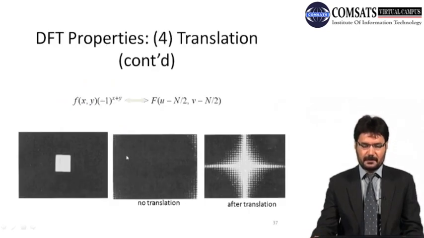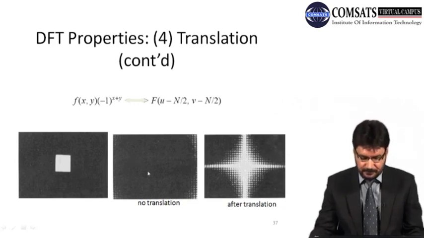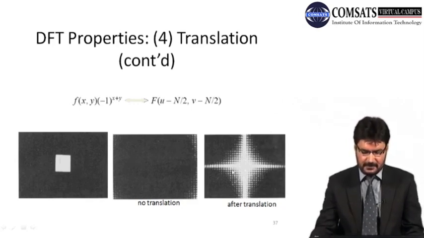So again we have the DFT properties, that is to translate. For translation, f(x,y) times minus 1 to the power x plus y becomes F(u minus N by 2, v minus N by 2). If we have the dimension N by N, then we can use only N. So this is the original image, and then we have the translation, and after the translation we can see the results.